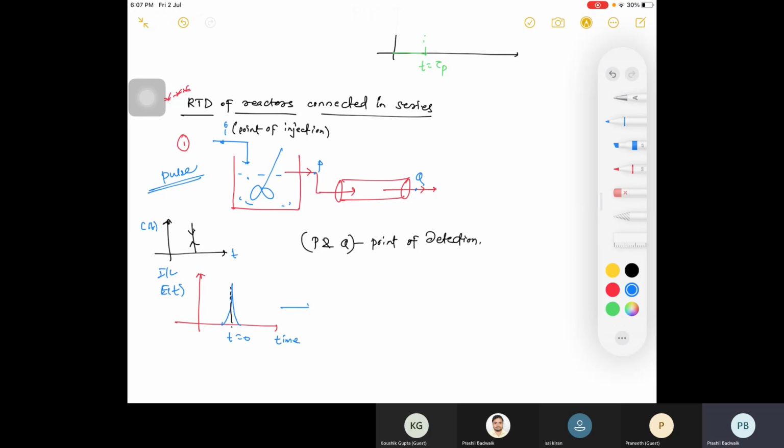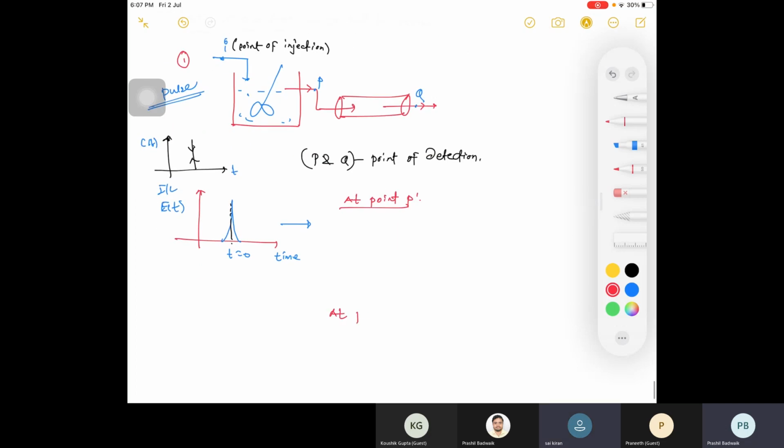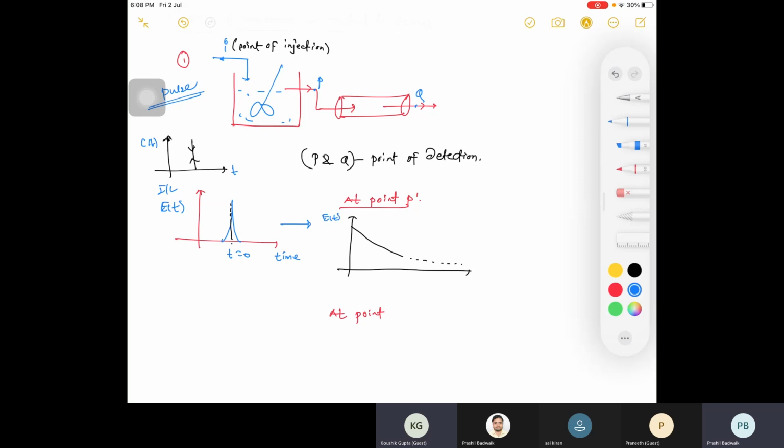Now can you please tell me what your profile is at point P for this injection? Exponentially decreasing. Correct. So we'll have this profile, an exponentially decreasing profile. Now can you tell me what your starting point is at time t equal to 0?